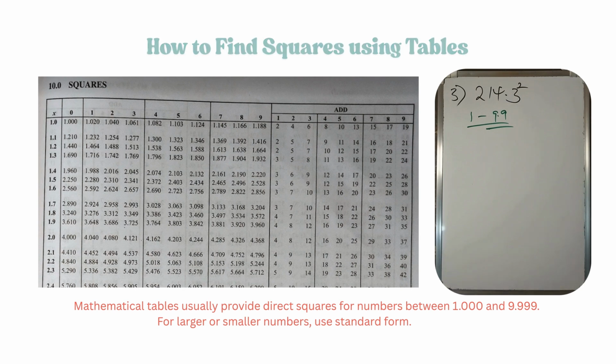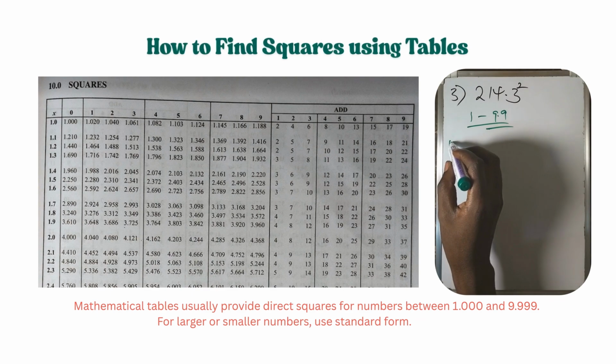So when you have anything that's more than 9.9 or less than 1, you have to convert it to standard form, and then use the mathematical table as we have done with other numbers. So our first step would be to convert this 214.3 squared to standard form.